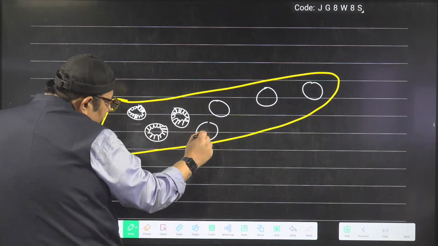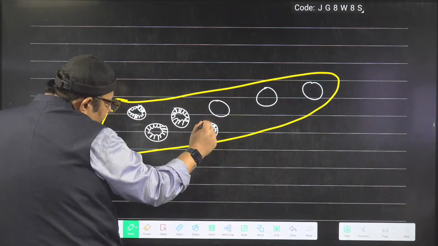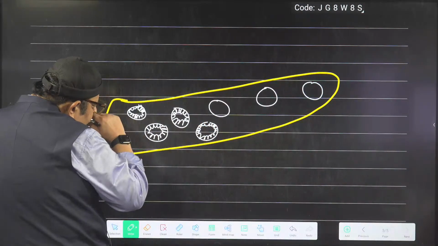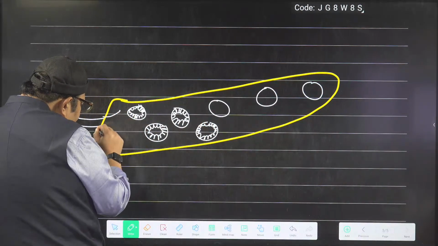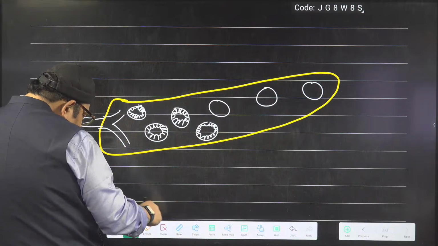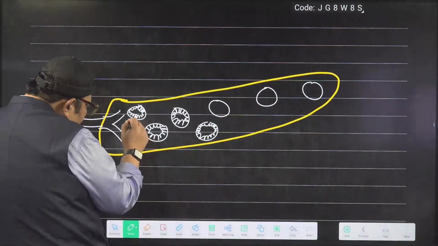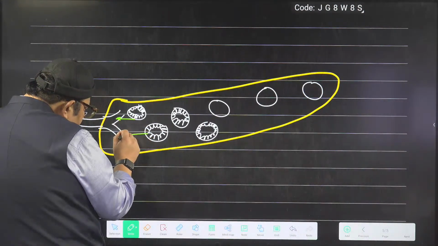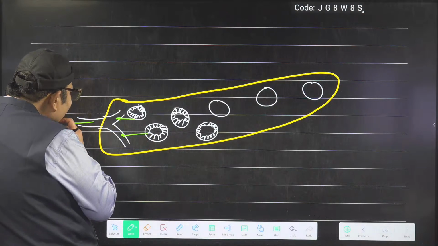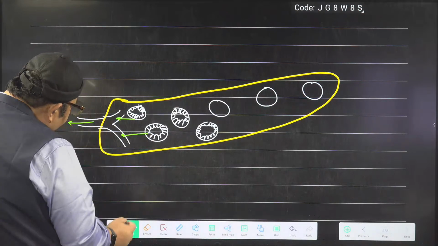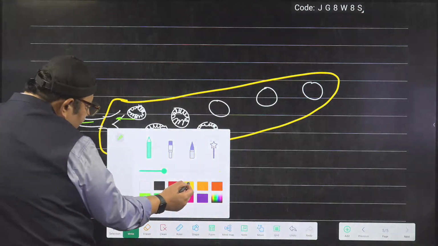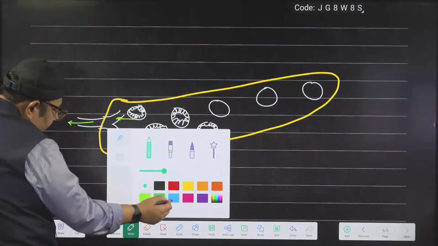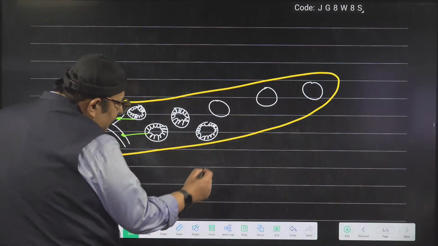All of them are collecting their secretion into a common duct. All the secretion is coming into a common duct, and through this duct the secretion is going out. The pancreas also has some different type of cells.